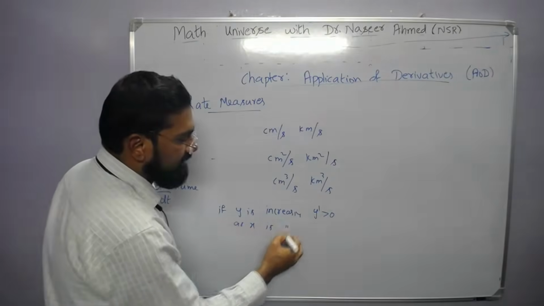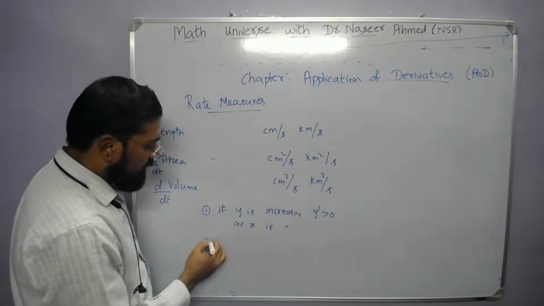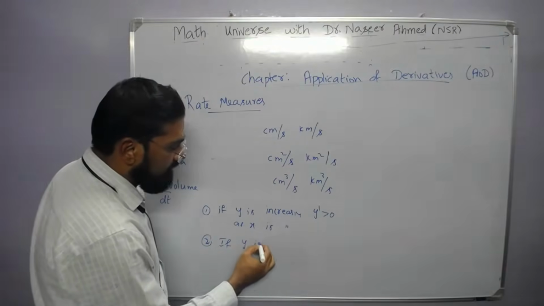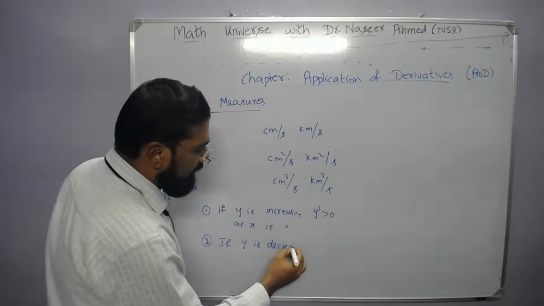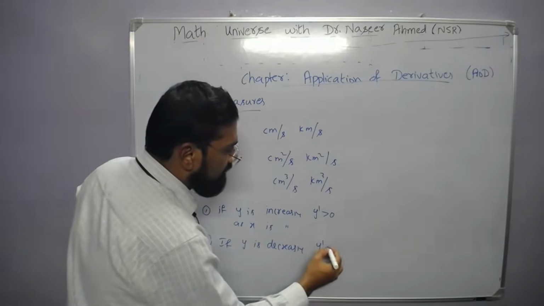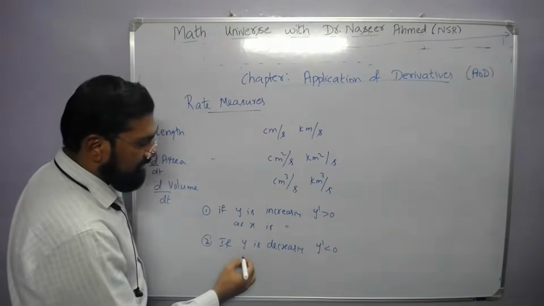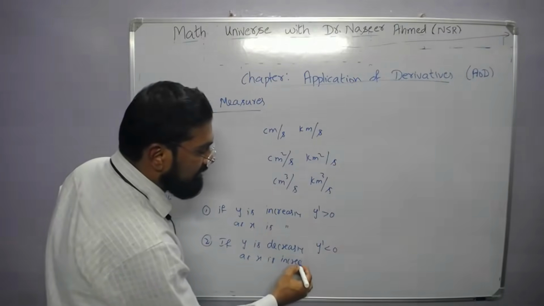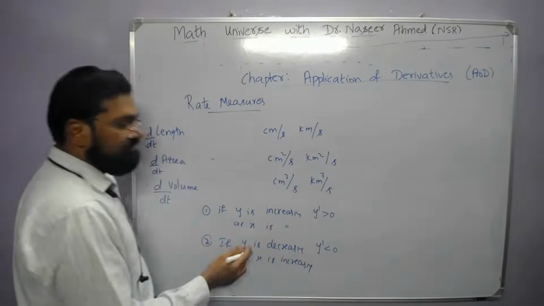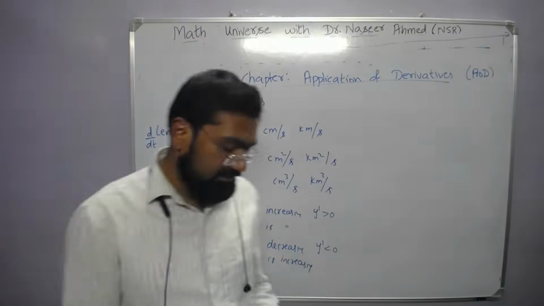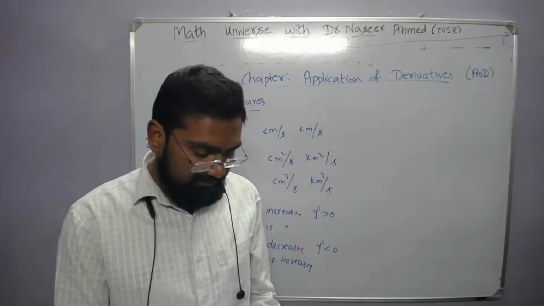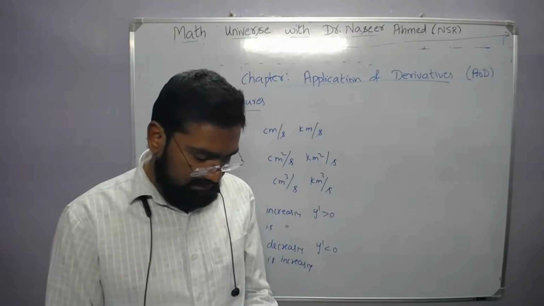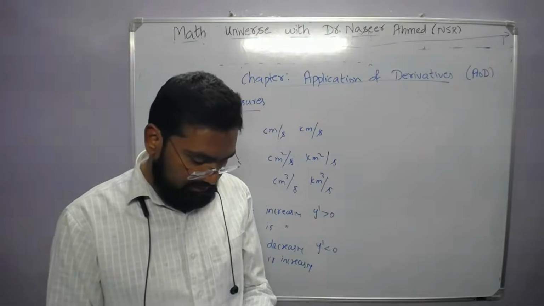Point number two: if y is decreasing, then the derivative will be less than 0, as x is again increasing. In both instances, x will always be increasing, only the function y will be increasing or decreasing. Now, having this information, let us move on to the problem which I have chosen for you. Now let us go ahead with the problem.